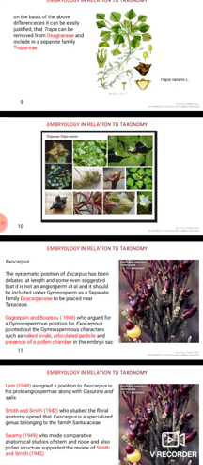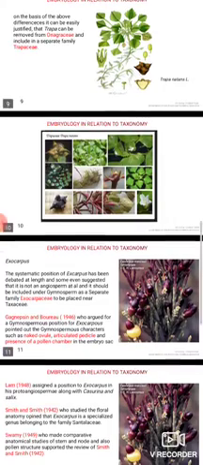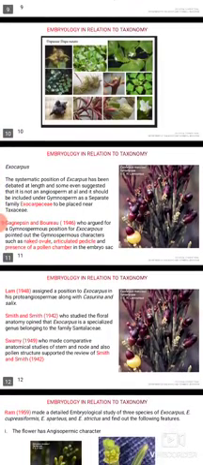Gagnepain and Baillon, who argued for a gymnosperm position for Exocarpus, pointed out gymnosperm characters such as naked ovule, articulated pedicel, and presence of pollen chamber in the embryo sac.